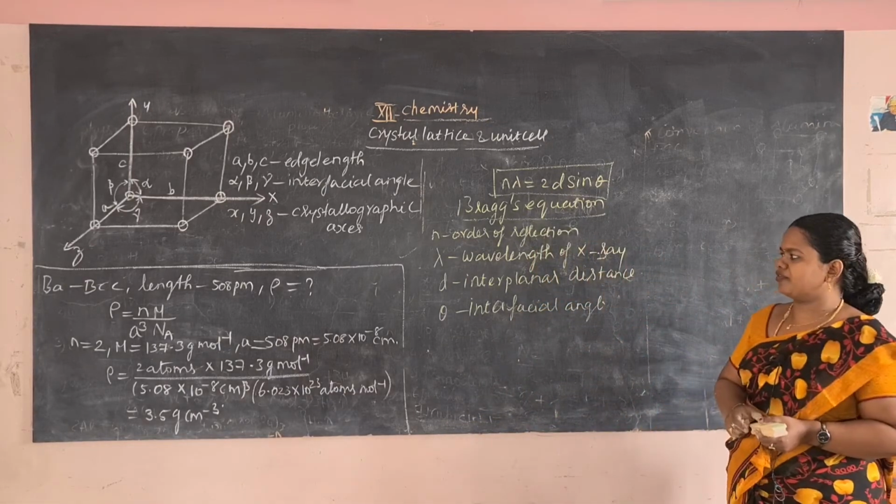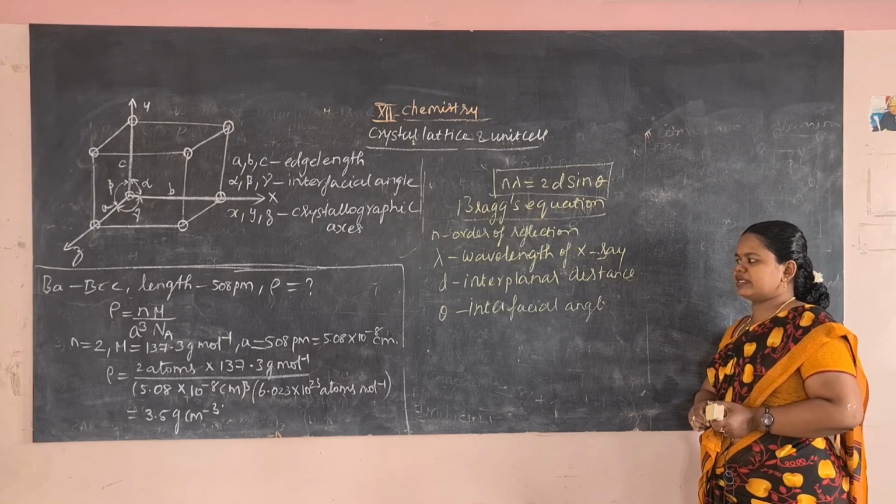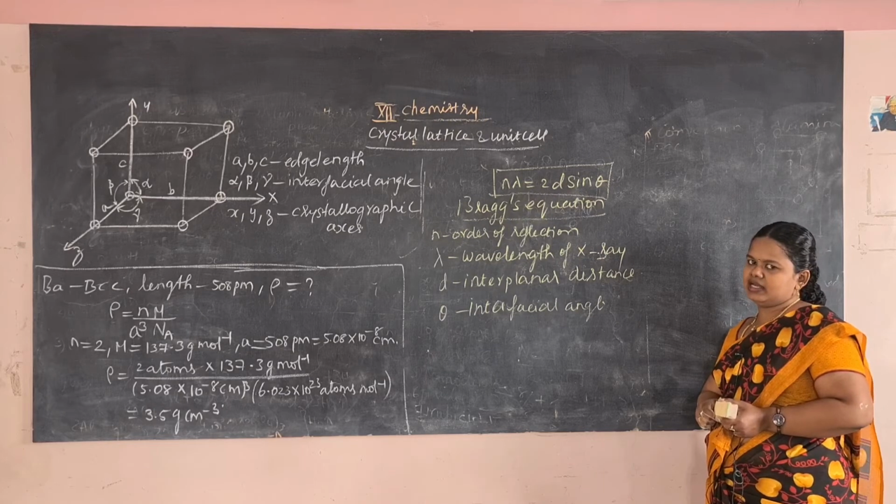N is the order of reflection, lambda wavelength of X-rays, d interplanar distance, and theta interfacial angle.